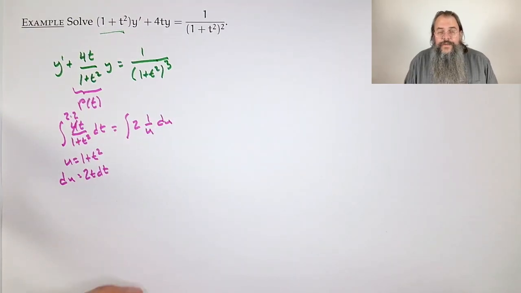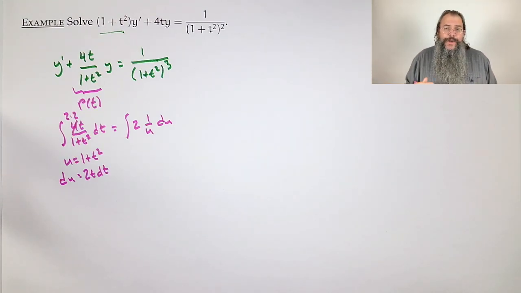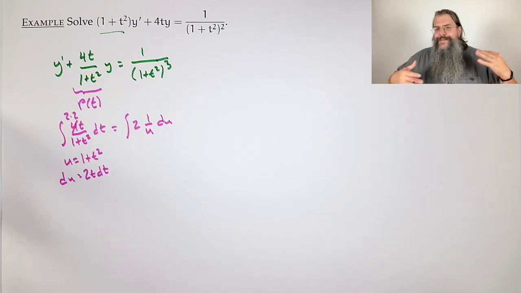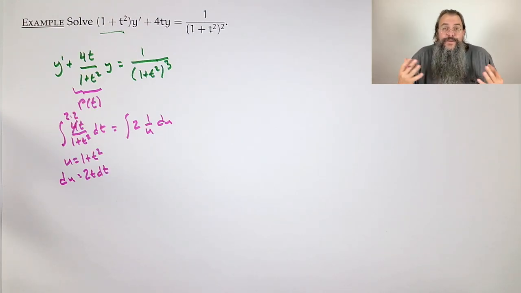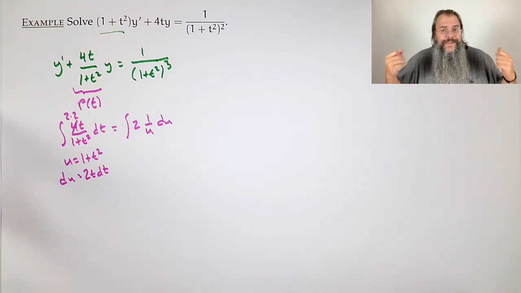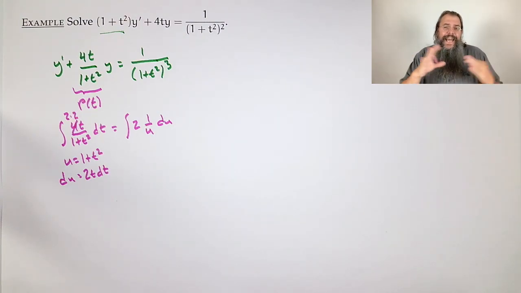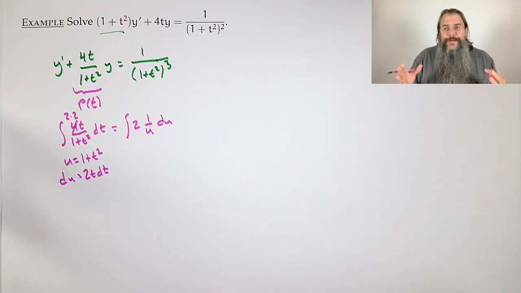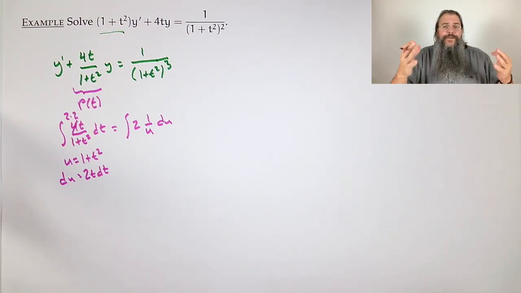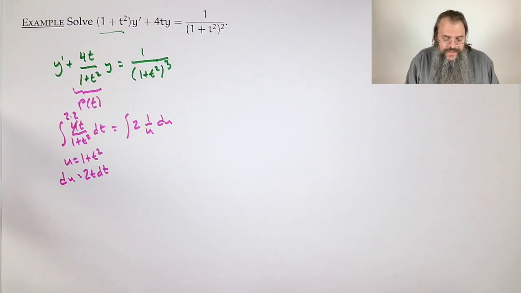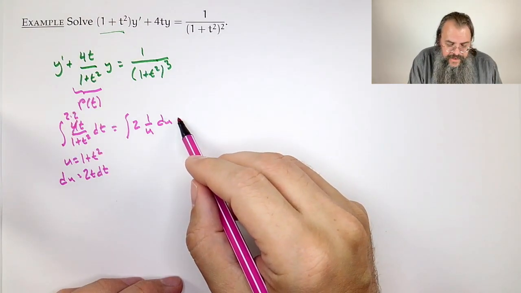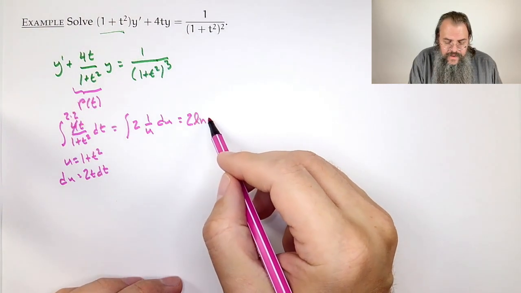I will say you'll see this happen a lot for problems involving the method of integrating factor, where you're like, wow, I'm getting lots of logs showing up. And the reason that it happens so often is that to get a pretty simple integrating factor, it kind of has to. We have to end up with something where e to that is a nice expression. And so for us, okay, so that's 2 log u.